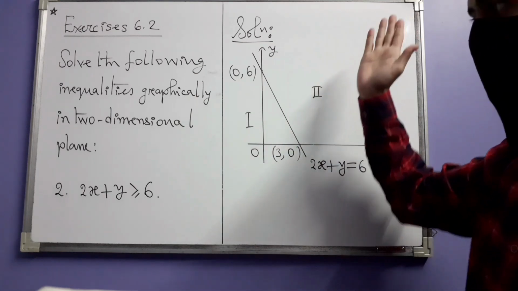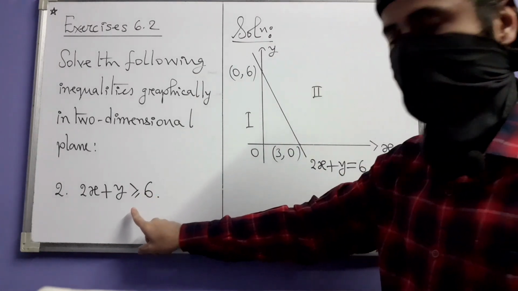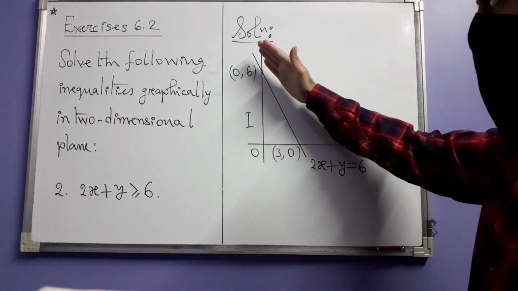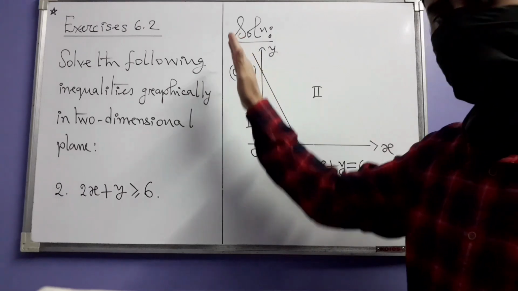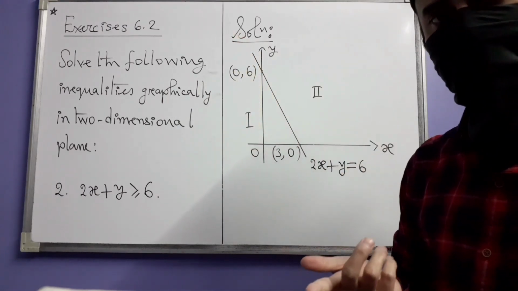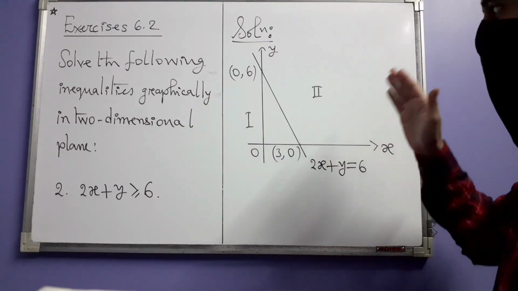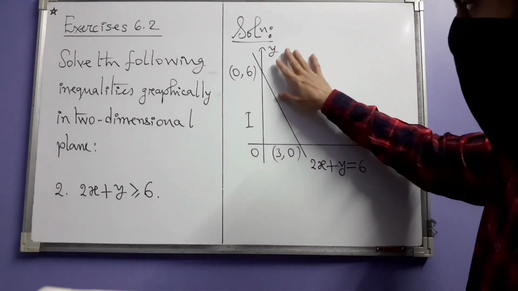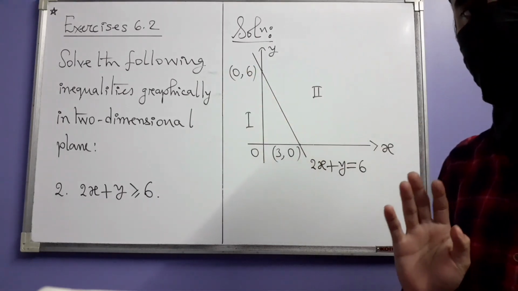So it's the other half plane 2. But keep in mind that here we have the option of equality. So not just the points that lie above this line, but also all the points that lie on the line are included in the solution set. So you have to mention that when you write it in words, that the solution set consists of the half plane 2 along with all the points on the straight line.